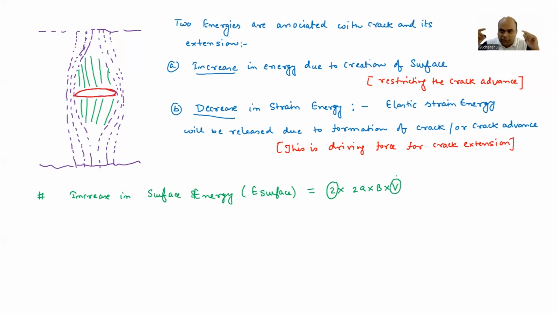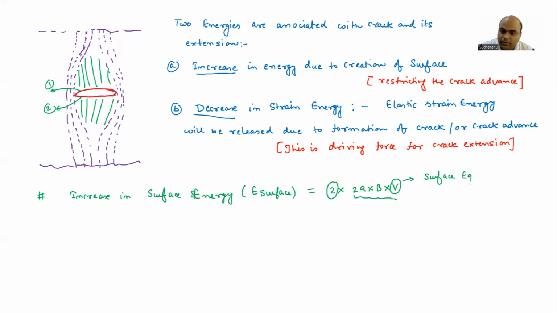Now, if I assume it to be cracked, for all practical purposes, I can assume the two surfaces, marked 1 and 2, to be flat, isn't it? So that surface area is going to be the length, which is 2A, and the thickness, which is B. And since gamma is surface energy per unit area, this term becomes 2A into B into gamma.